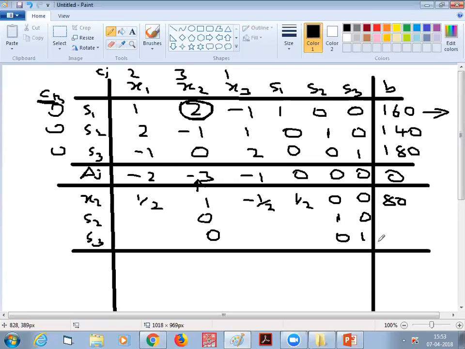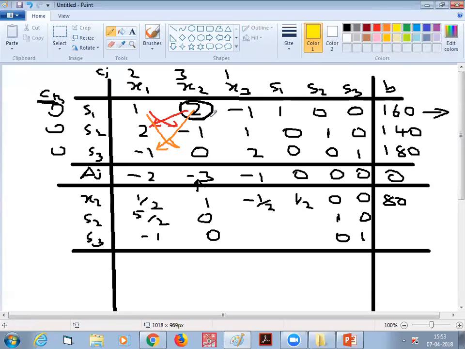Now, how do I do the rest of it? Well, I cross multiply. So for example, first one is 2 into 2 minus 1 into minus 1. So 4 plus 1 becomes 5 by 2. And remember, divide by the pivot. Next one is 2 into minus 1 minus 1 into 0. How much is that? Minus 2 divided by 2 is minus 1 still. No change there.